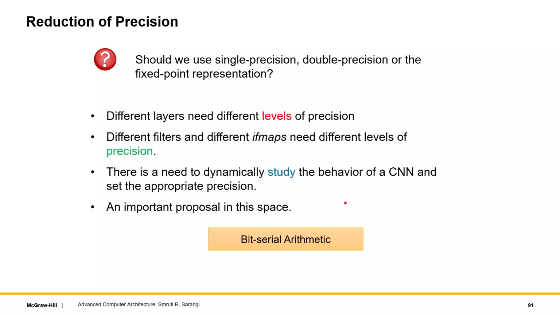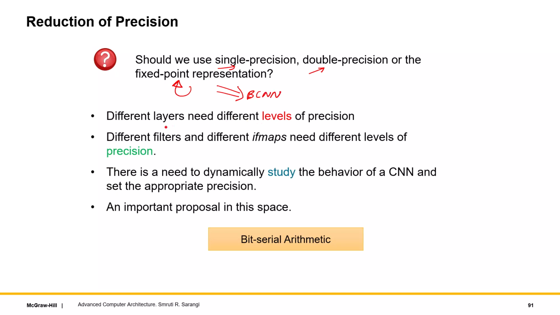The precision can be reduced. We have been discussing this quite a bit, which is that don't use single precision, don't use double precision. Instead, try to create a new number format, which is an extension of existing fixed point approaches, amenable to processing in neural networks, where a limit of the spectrum is essentially a binary CNN.